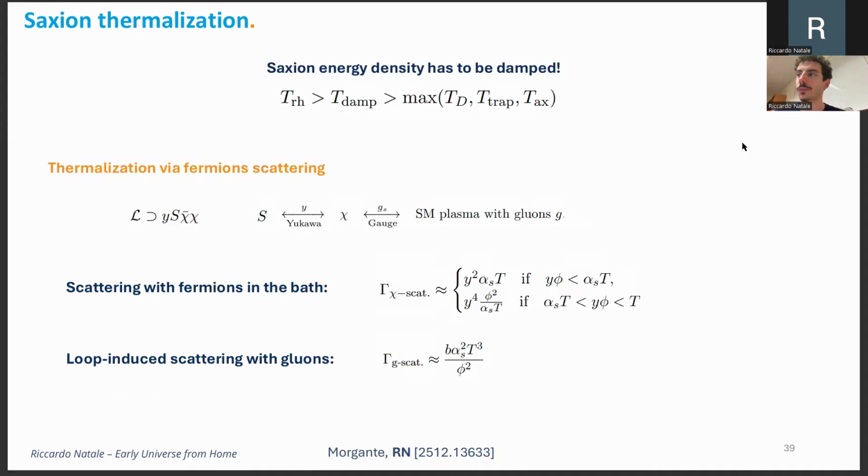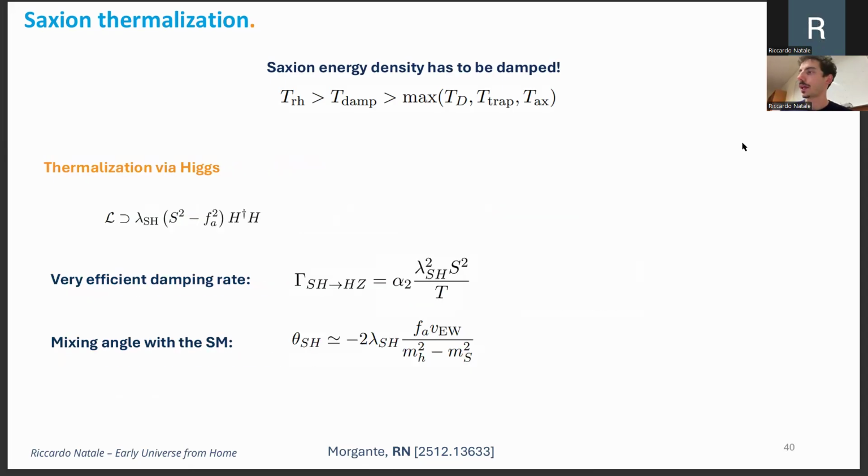So a first possibility is the thermalization via fermion scattering. We can introduce some KSVZ-like fermions, which are common in UV completions of axion models. These fermions are indeed charged under QCD, so they efficiently connect this axion to the standard model plasma, and then they can damp the axion energy density via these scatterings.